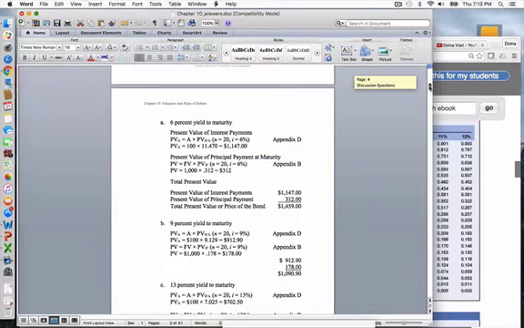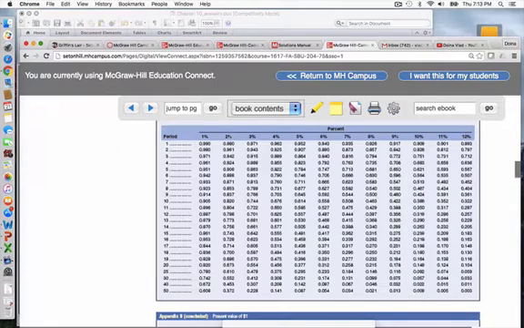We have 6%. Your coupon payment is 100 every year for 20 years. The market interest, or yield to maturity, is 6%. So we are going to use Appendix D because it's a yearly payment annuity.